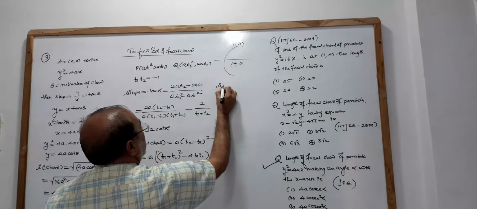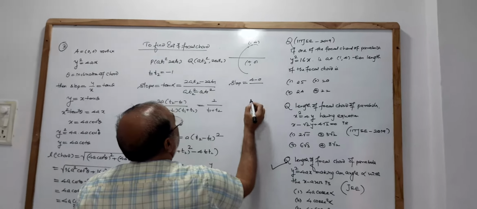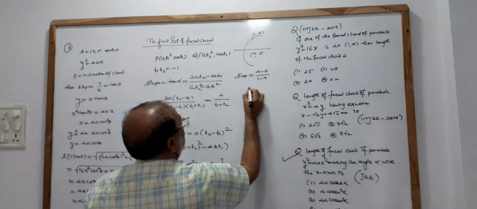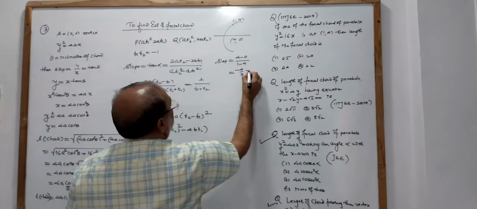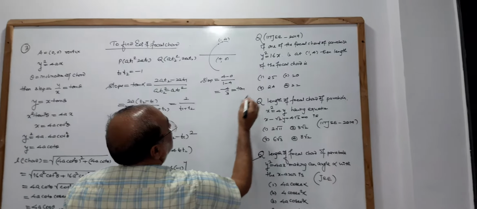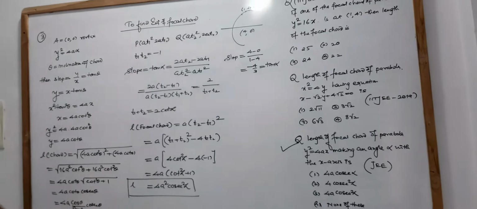Therefore, its slope is 4 minus 0 upon 1 minus 4, that is minus 4 by 3. That is equal to tan alpha.